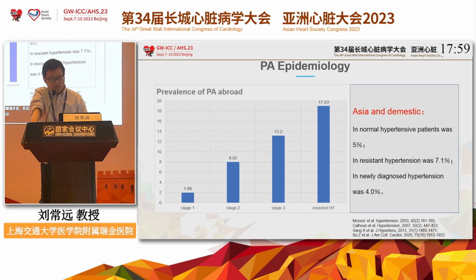In resistant hypertension, the prevalence of PA was 17 to 23% abroad. From a recent systematic review, in Asia and domestically, the prevalence of PA in normal hypertension patients was 5%, in resistant hypertension was 7.1%, and in newly diagnosed hypertension was 4.0%.